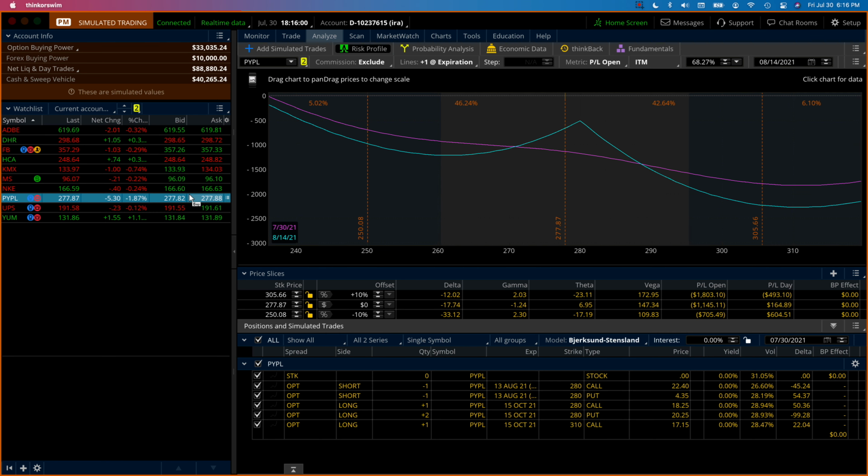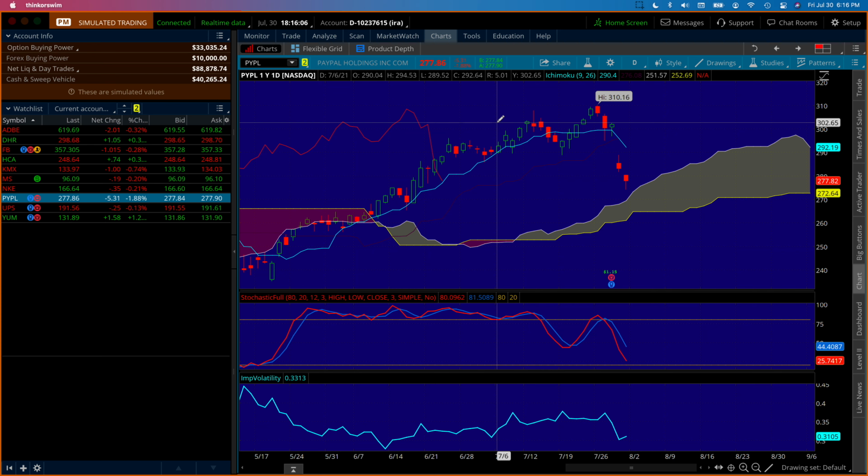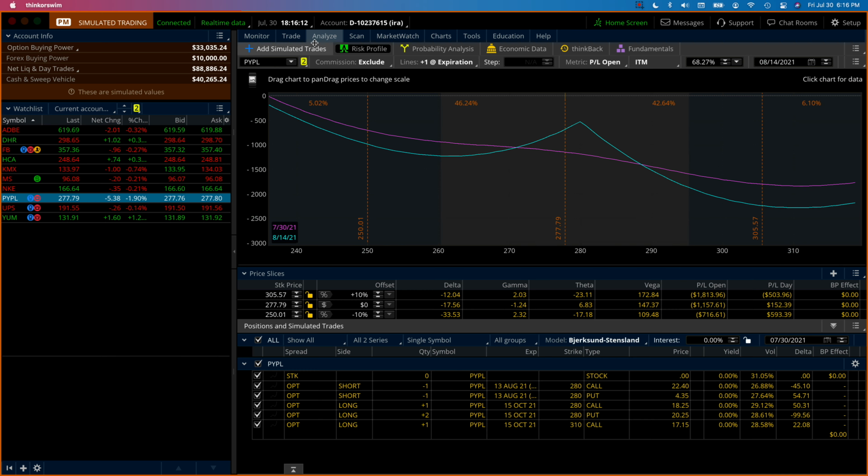Now PayPal has been taking a big beating lately after earnings, surprisingly. Look at that. Okay, we're right here and it seems like it's going to go lower. So when the stock goes lower, then the volatility rises and it favors my trade.